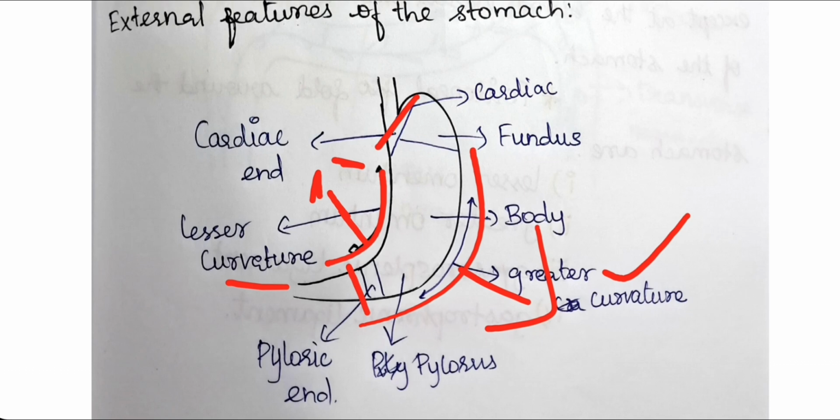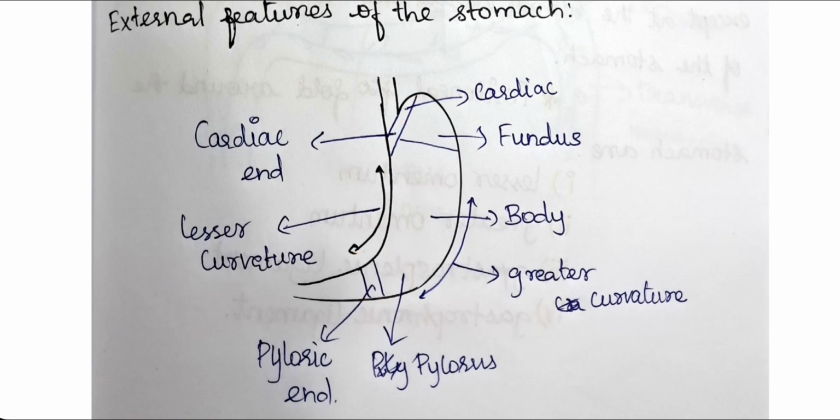Coming to the surfaces of the stomach, we have the anterior surface and the posterior surface behind the stomach. So for external features, we have two curvatures, two ends and two surfaces. The two curvatures are lesser and greater, the two ends are cardiac and pyloric, and the two surfaces are anterior and posterior.